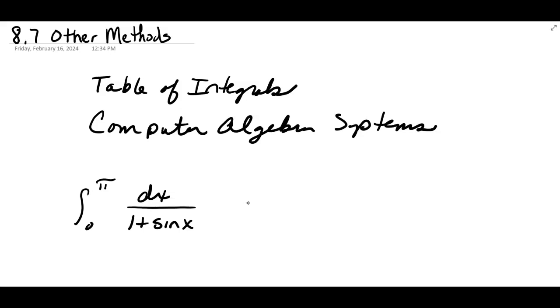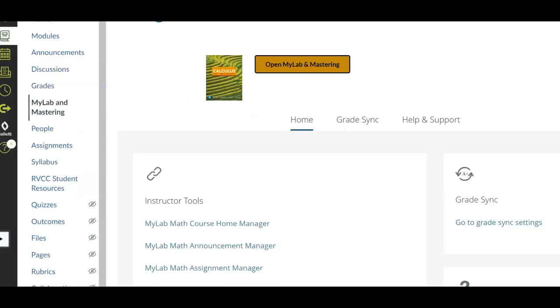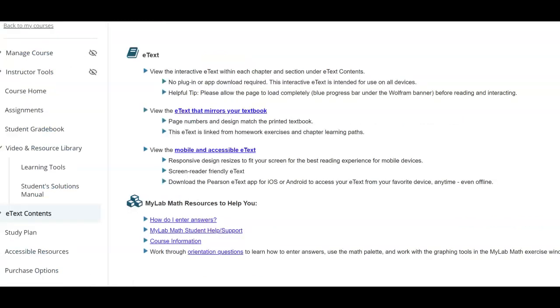The way you need to access your table is, I'll show you first, go into your Canvas course, click My Labs and Mastering, go to Open My Labs and Mastering, come over here and click eText Content.